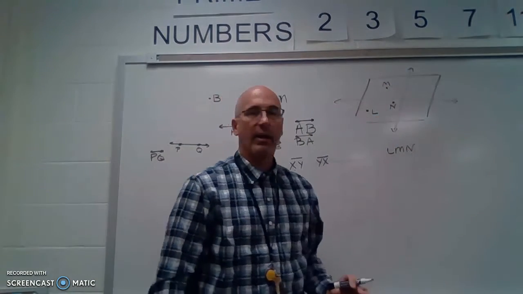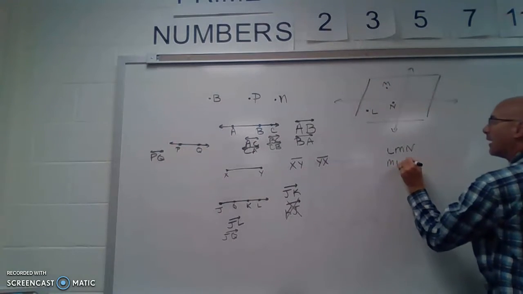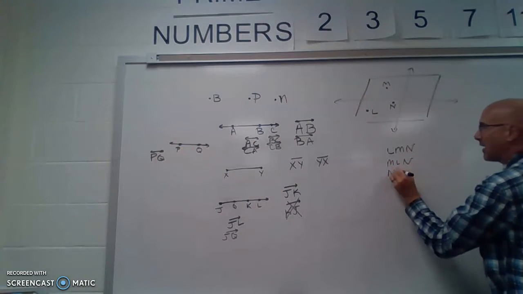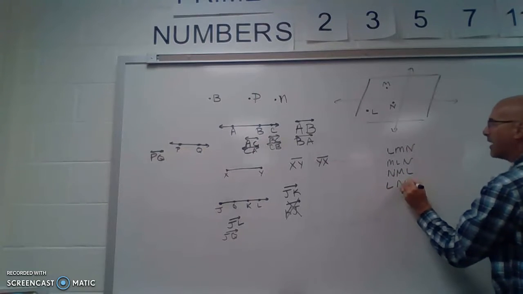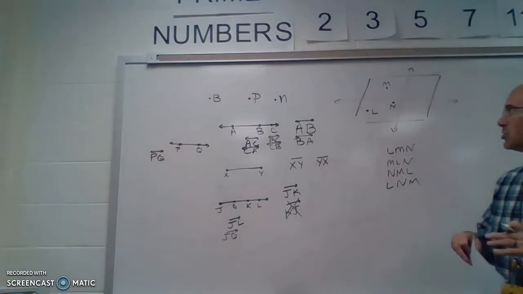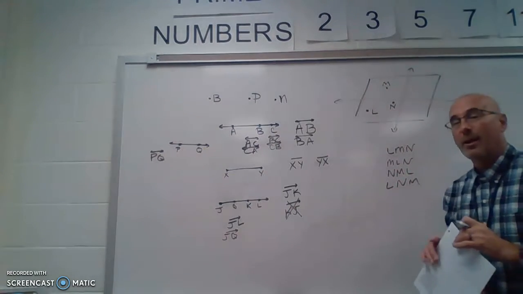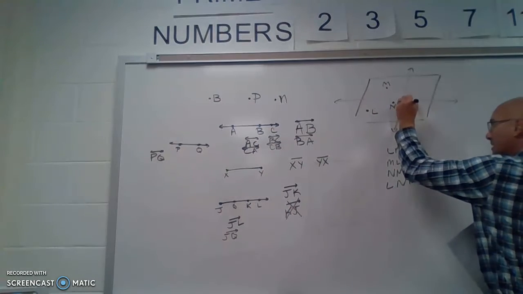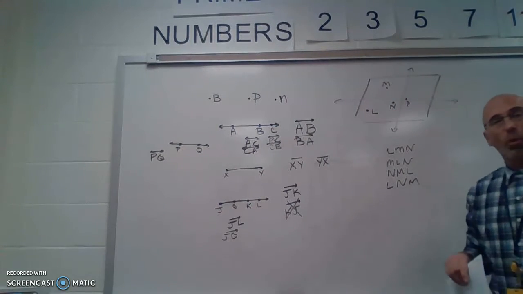You could say LMN. You can also say MLN. You could say NML. You can say LNM. There are different ways you can label them any way you want. If there's another point in there, say point P, you could pick any 3 points.